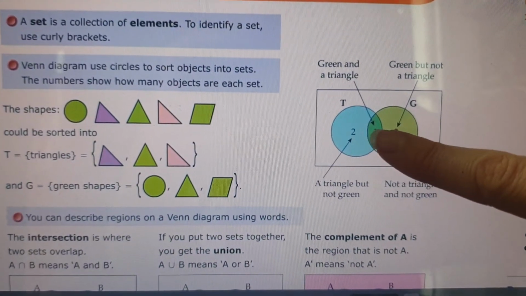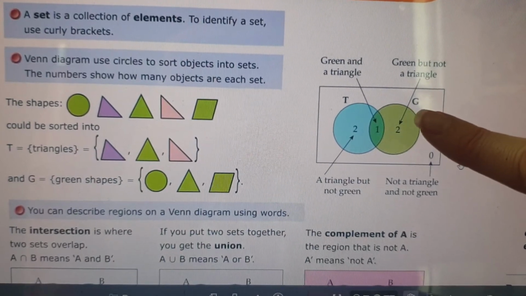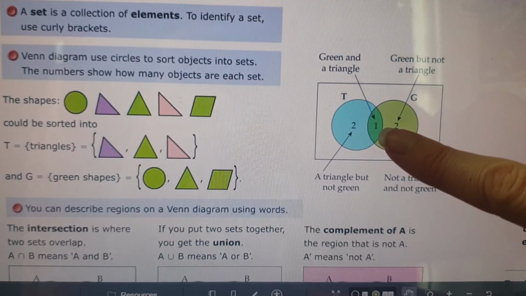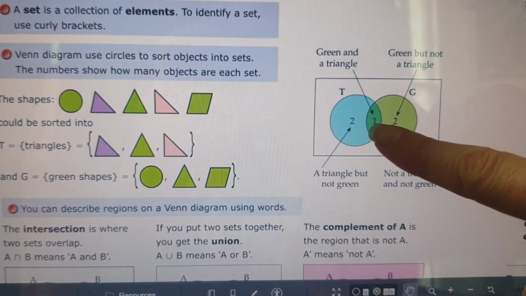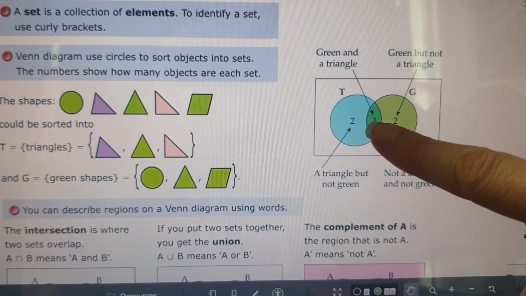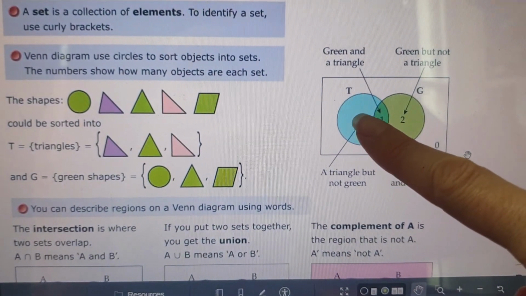So now, if they want to do a Venn diagram of triangles and green shapes, there is 1 green triangle in these elements here, so we put 1 in there. There are 2 more triangles which are not green, so that's where the 2 comes from.